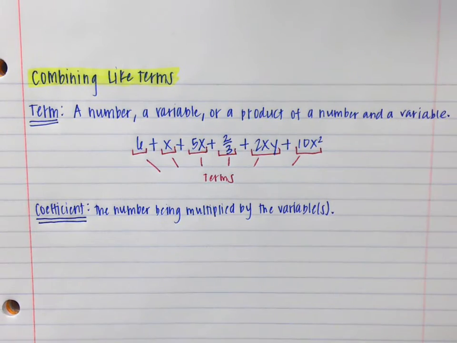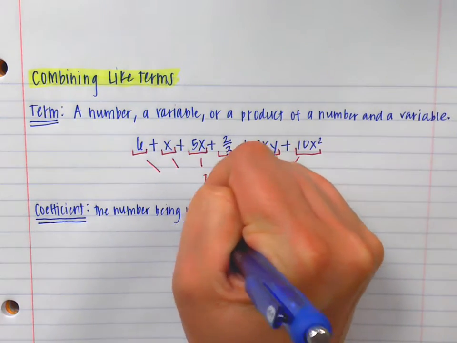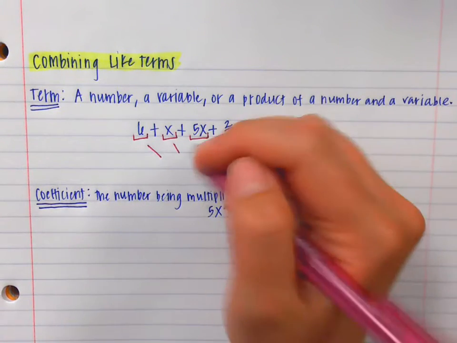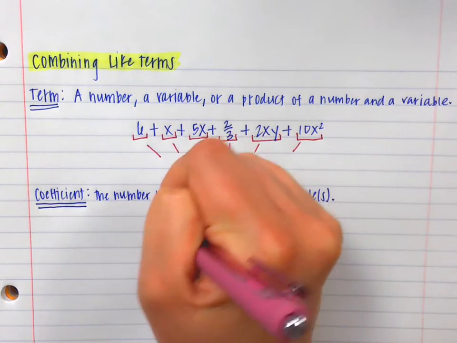So if I gave you an example like 5x squared, the coefficient is the 5. So the coefficient is just the number without the variable attached. So that's the coefficient.